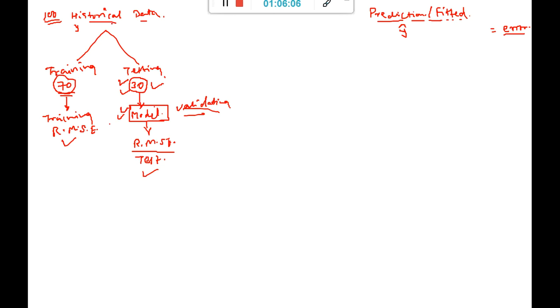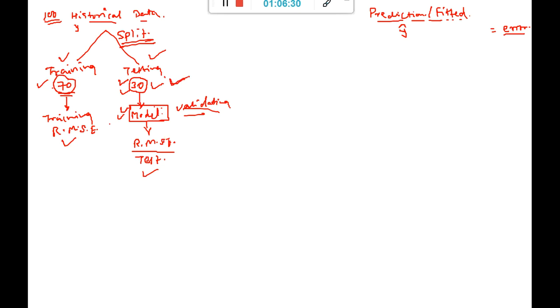But here what we are learning is that I'm going to split the data into two different parts. One set is called the training set, one set is called the testing set. Once the training set is ready, I will write a model with the training data and expose my testing data to that model, and get the predictions.